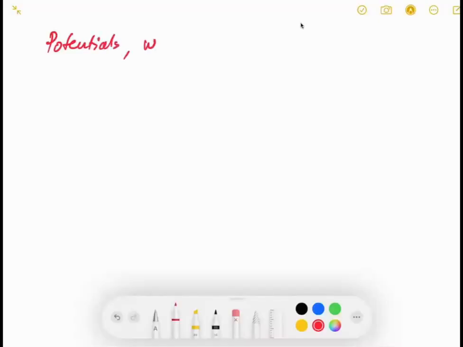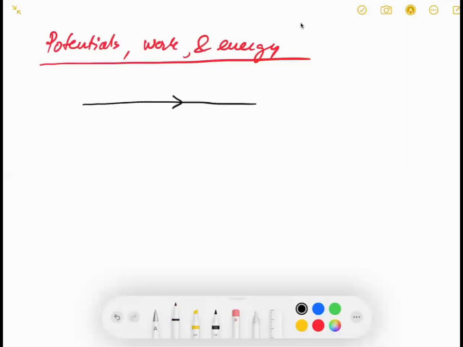Potentials, work, and energy. So let's take a step back and say, if we have some kind of an electric field, say a uniform electric field, pointing straight this way.